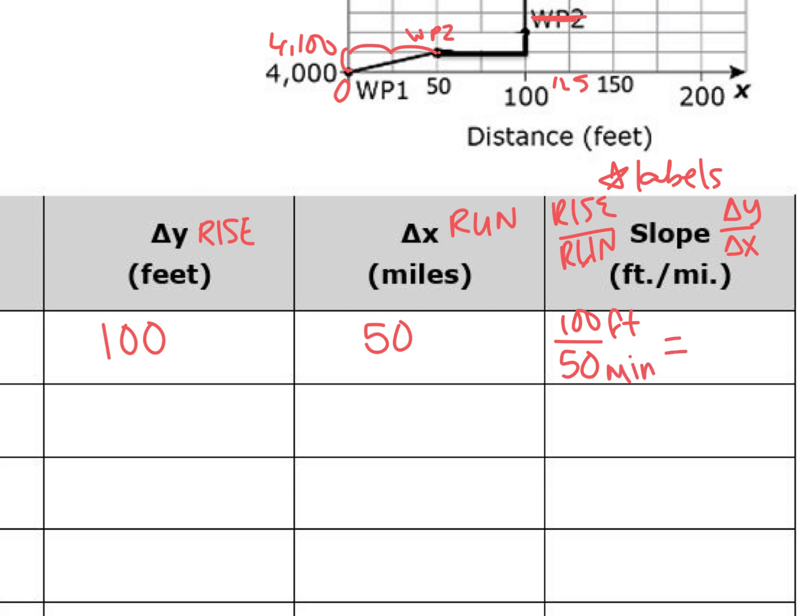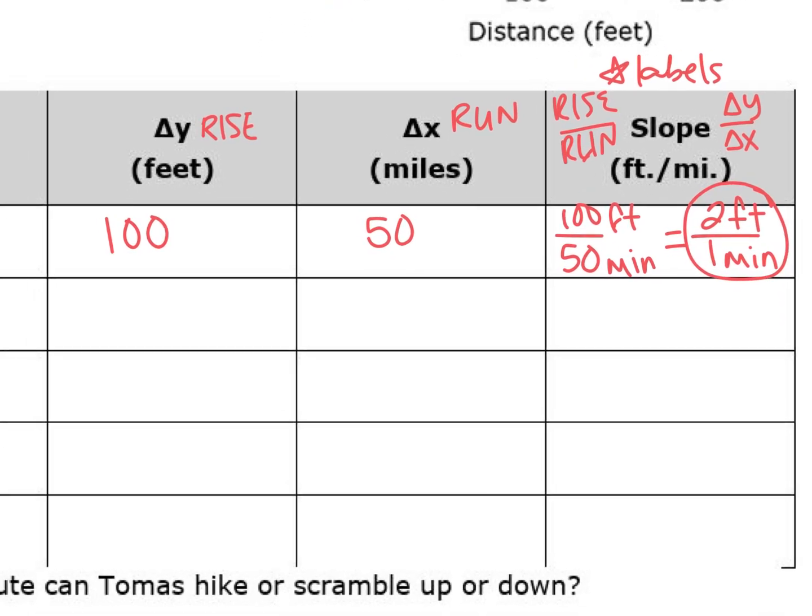If you put that in your calculator, what do we get? It is 2, or it's 2 over 1. So this is saying that we're rock climbing 2 feet in 1 minute. And you can write 2 over 1. You can write 2. I'm putting the labels, and I would like you to do that also so you can see what it means in the context of the graph. Because they are rock climbing, they're climbing 2 feet every minute.